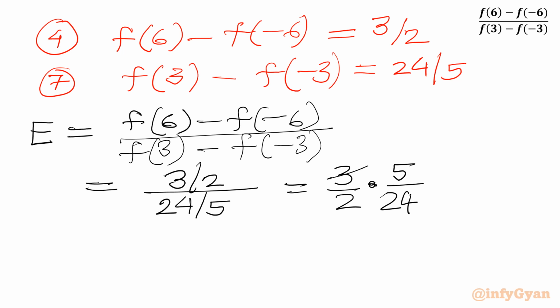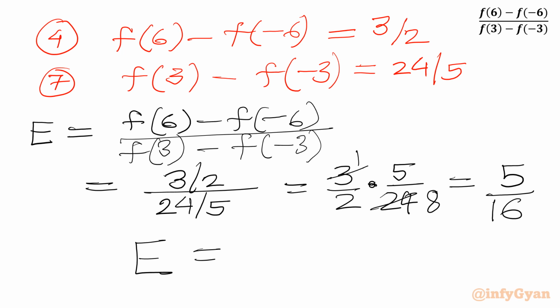Now we can cancel 3 and 24, so here we will write 8 in the denominator. The numerator comes out 1 times 5, which is 5, and 2 times 8 is 16. So our final answer will be 5/16.